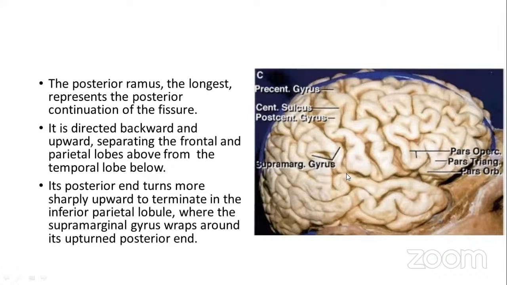Its posterior end turns more sharply upward and terminates in the inferior parietal lobule. We have the superior parietal lobule and the inferior parietal lobule. Here we can see the posterior limb of the Sylvian fissure extending upward and terminating into the supramarginal gyrus in the inferior parietal lobule.